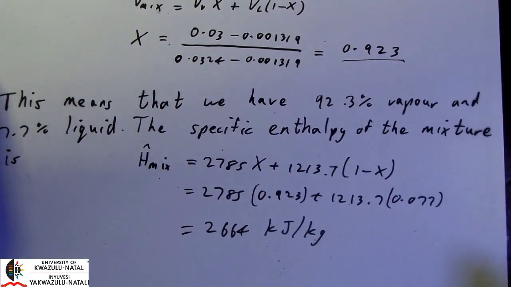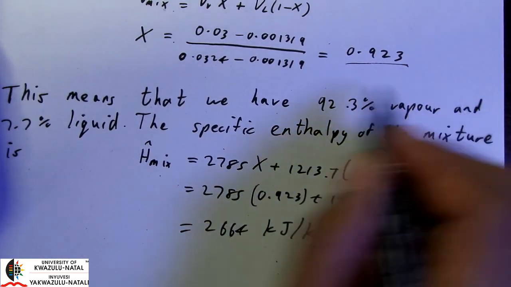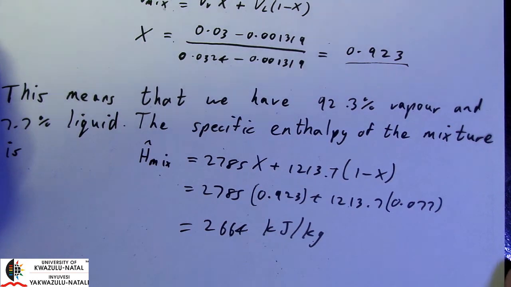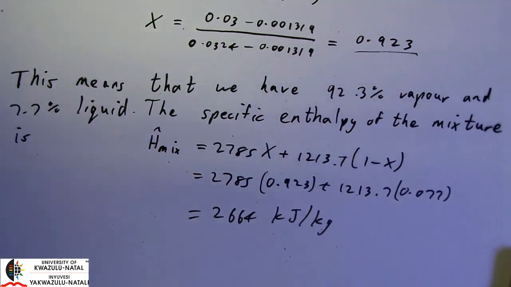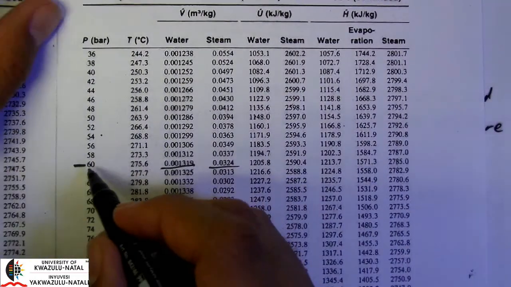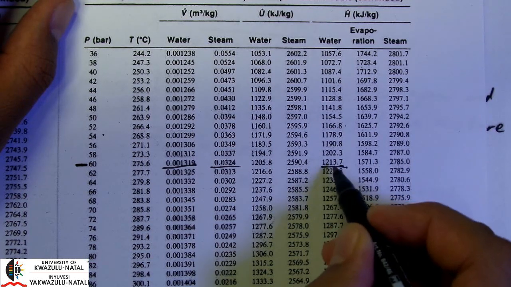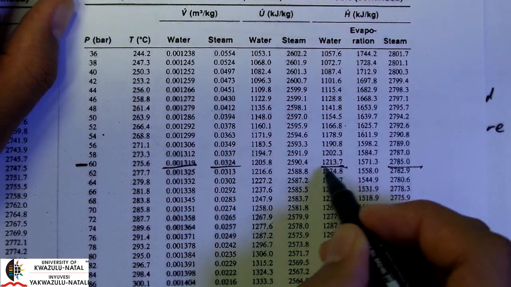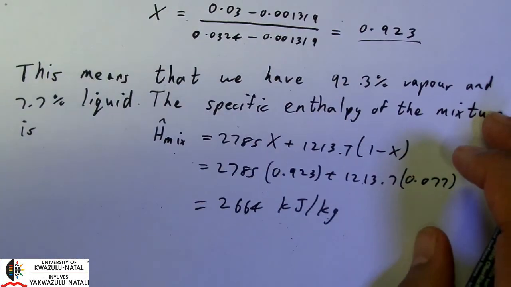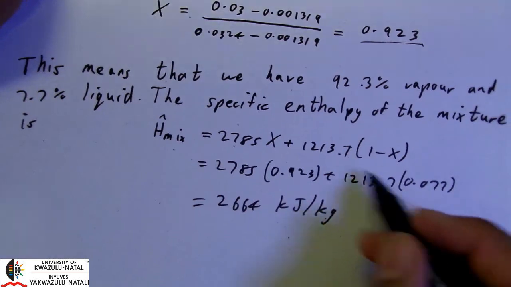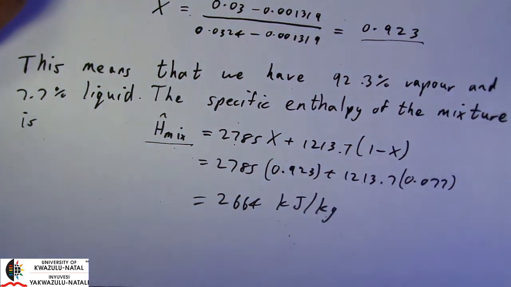Okay, and what this implies is that we have 92.3% vapor and 7.7% liquid. And thereafter we can use the same information at our steam tables for our enthalpies. Okay, so that's for our saturated liquid and saturated vapor, and we can use that to calculate our enthalpy of our wet steam, of our mixture.